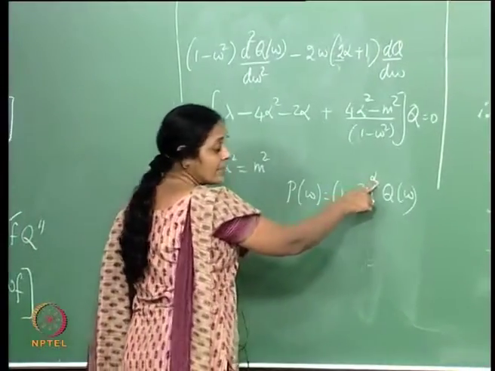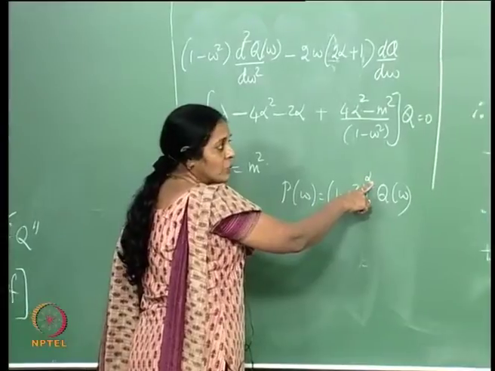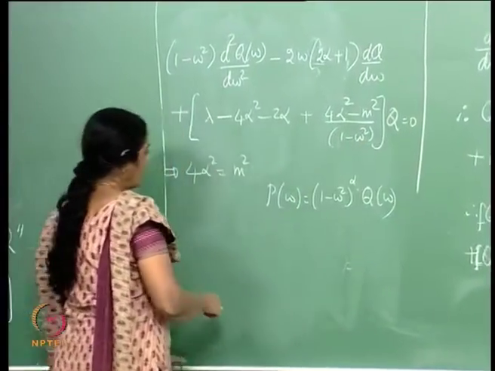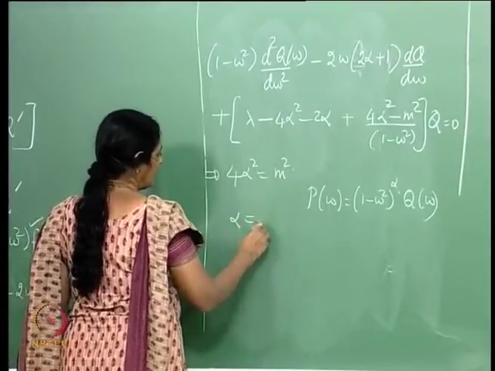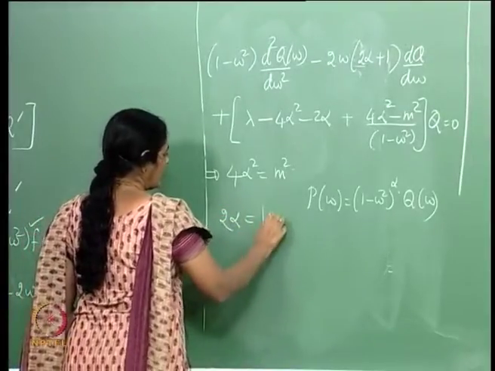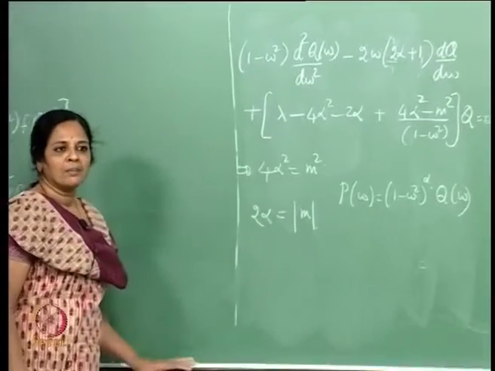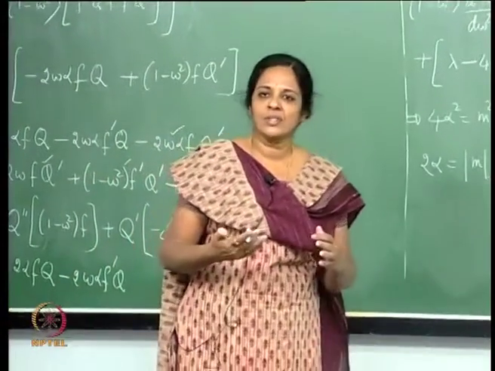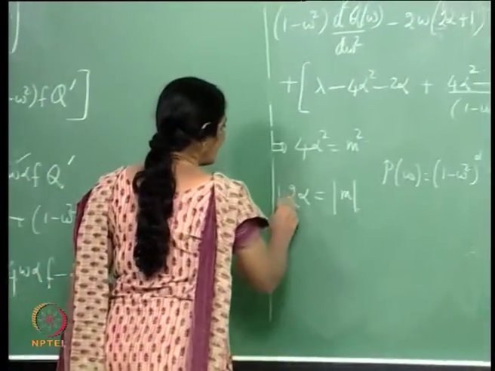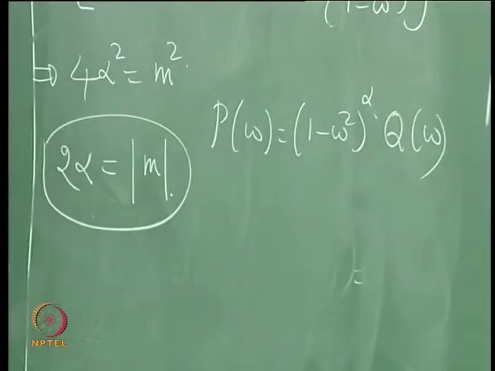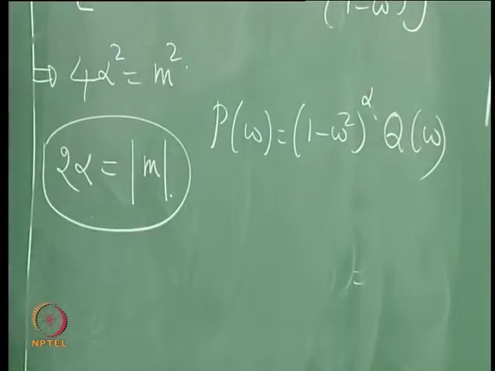It has to be greater than 0. Otherwise, you would have had trouble. Therefore, 2 alpha is equal to mod m, because m can take integer values, positive, negative, and of course 0. So I get this very important result that alpha is mod m by 2.